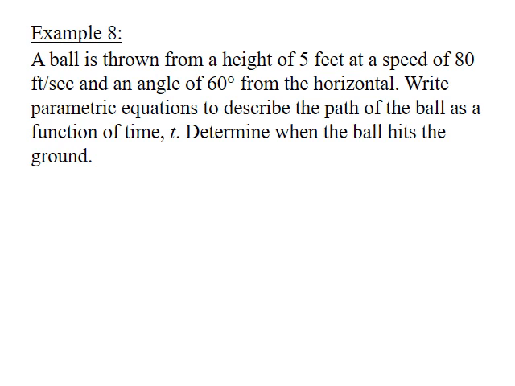This last example is an example involving projectile motion. So you can go ahead and pause this, and I'll remind you that we have these two equations. And y equals -1/2 g.